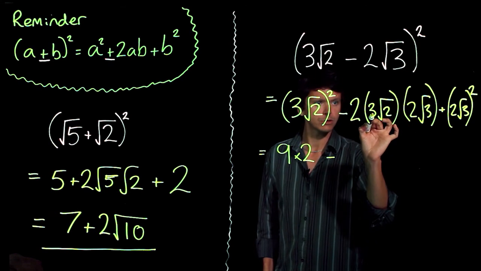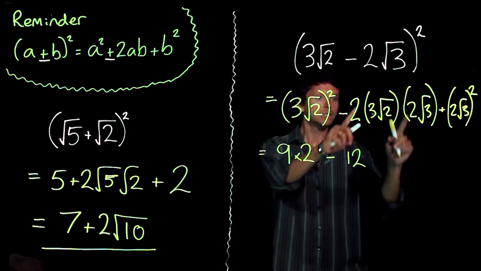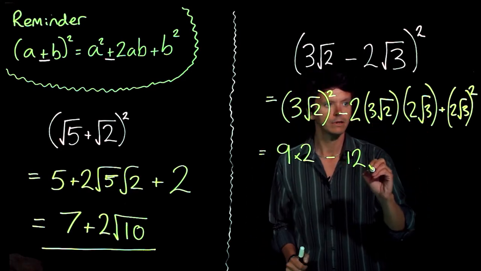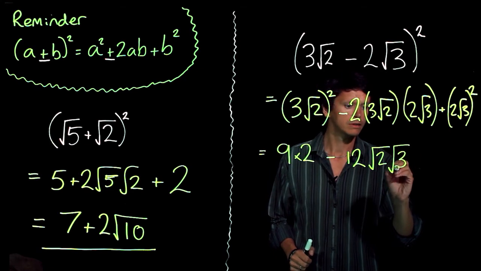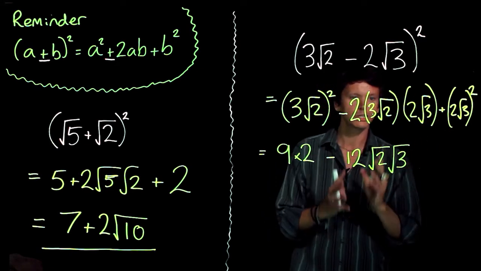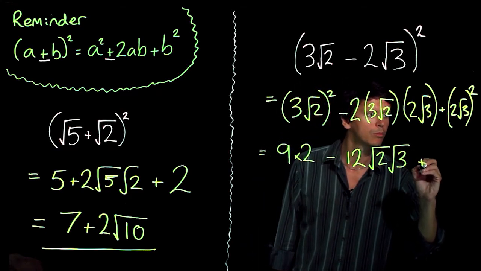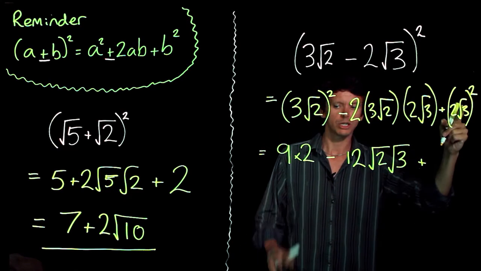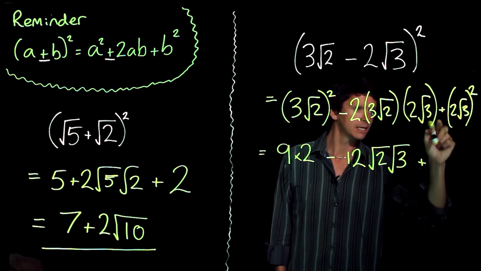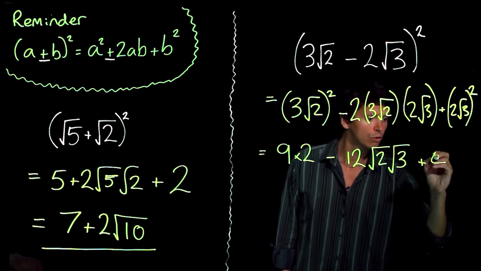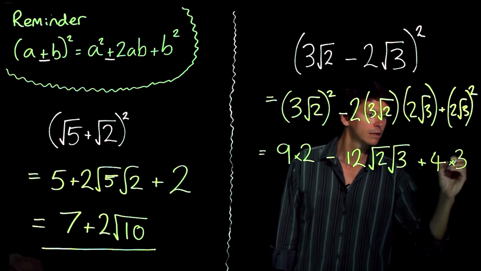So we've got 2 times 3 is 6, times 2 is 12, times root 2 times root 3. So I'm starting to do some of the multiplications and I'm reordering things to make them a little easier to handle. Plus, just like we did over here, 2 times root 3 times 2 times root 3. So our 2 times 2 is 4. Root 3 times root 3 is 3.